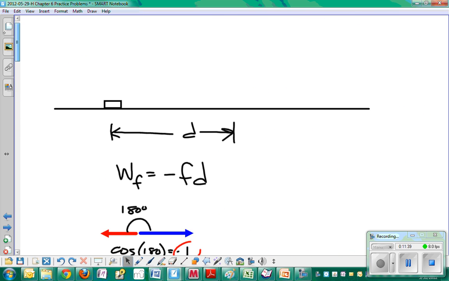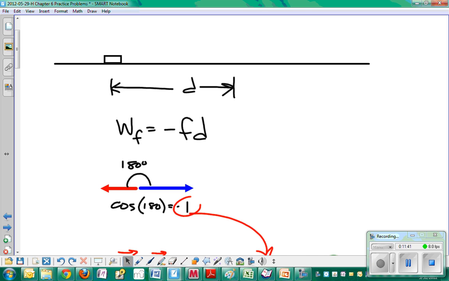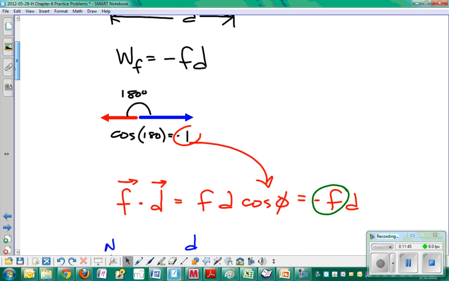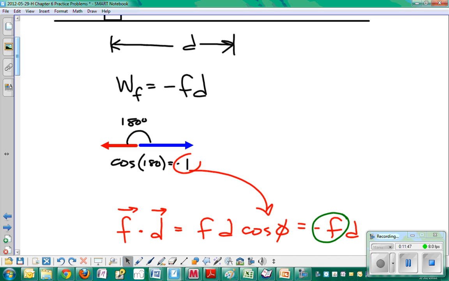We figured out how far it slid. We got the distance that the object would slide as a function of the work done by friction. Because friction is going to do negative work on it, reduce its speed from some initial value to 0. Because the final value is 0, we know that the work done must have been equal to the initial kinetic energy.